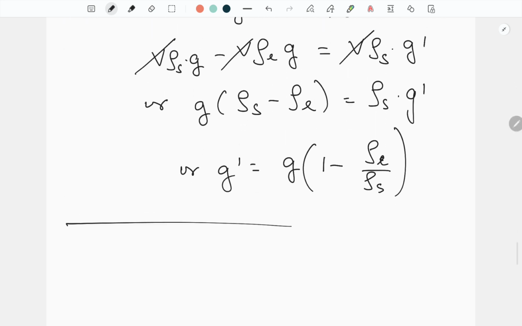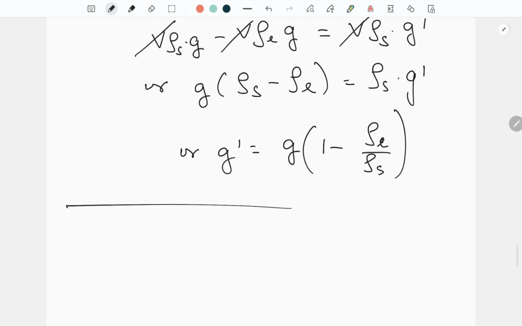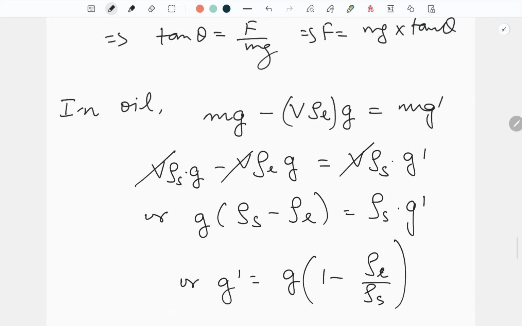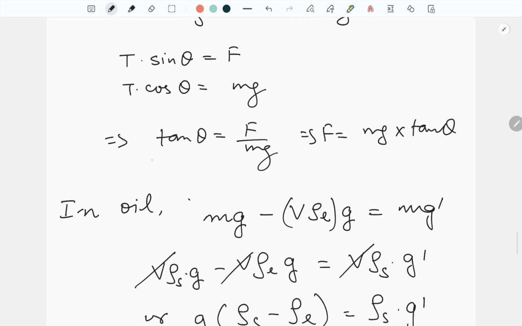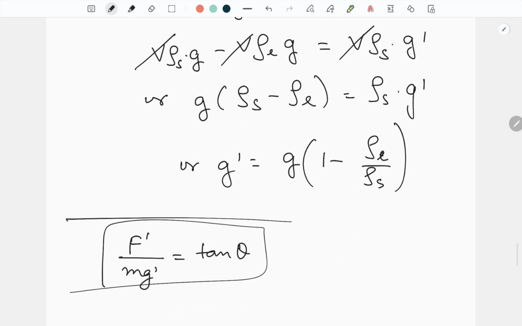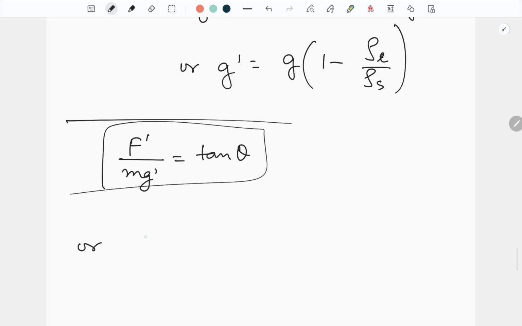Now when the two spheres are kept in oil, the force becomes F dash, m g dash and tan theta. Since the angle remains the same, we will equate it to tan theta only. Now when you divide these two equations, the tan theta value will get cancelled. F upon mg is equal to F dash upon mg dash.